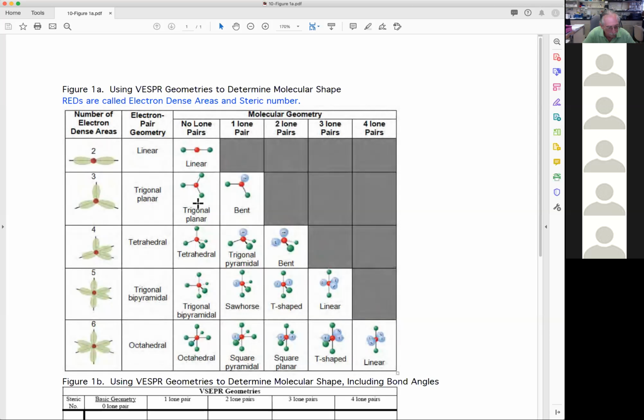Okay, then again for the biochemistry students. So here's 5 reds. So it's called trigonal biopyramidal or hexahedral, right? And I notice that I have 2 different kinds of atoms. I have the axial ones, and I have the equatorial ones.